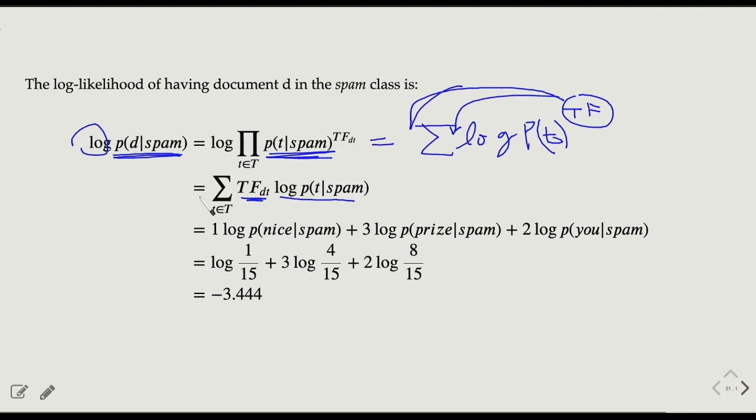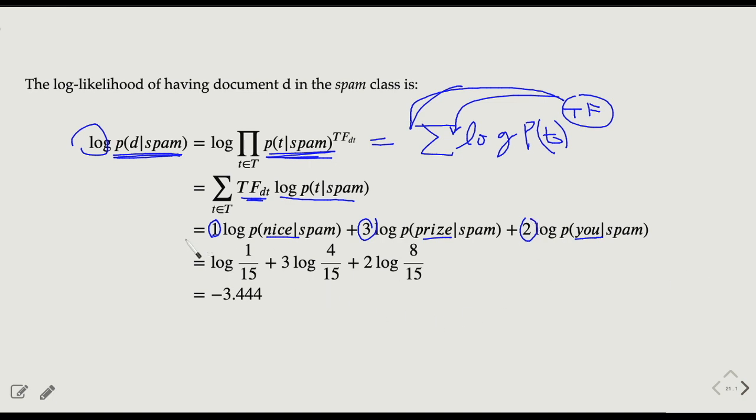Okay, so now the new email to be decided has 3 terms in it: nice, price, and you. Okay, and nice appears 1 time, price appears 3 times, and you appears 2 times.